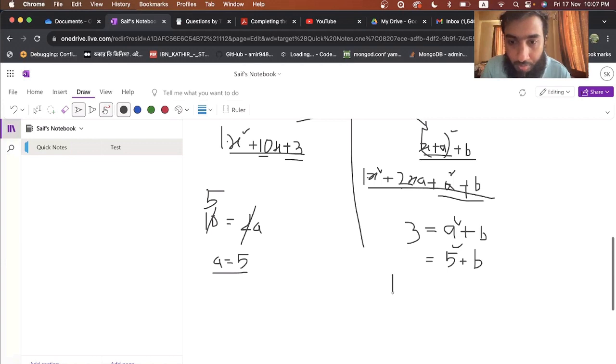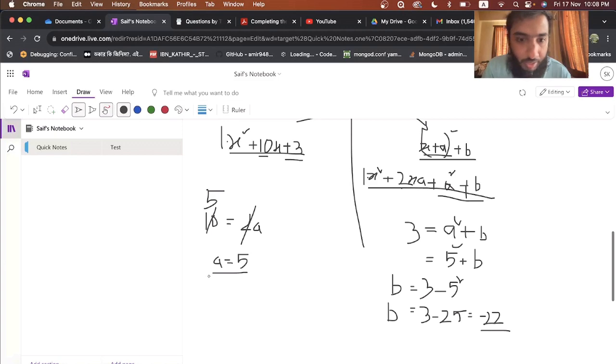So the value of b will be what? 3 minus 5 square, which is 3 minus 25, which is minus 22.